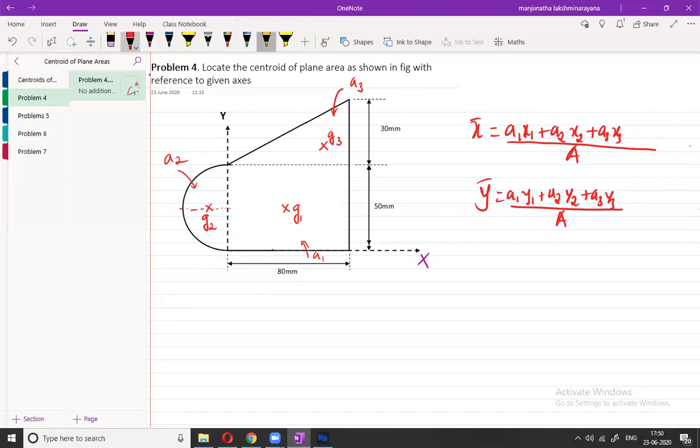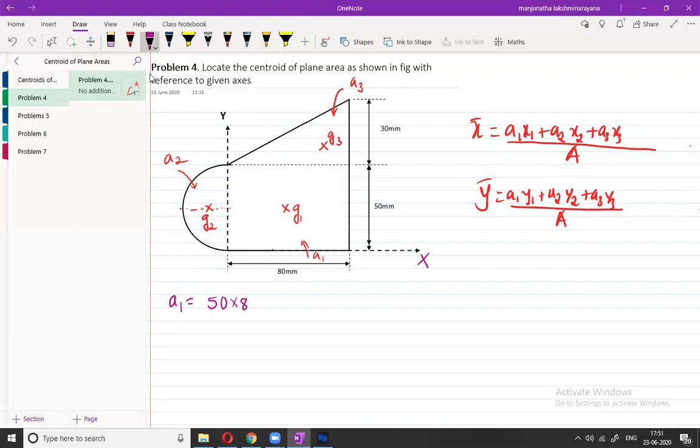Next, we need to locate the distances of these centroids from the reference axis, and also find the areas. Let us first find out the areas of these three elemental areas. A1, the area of this rectangle, is equal to 50 into 80, because the rectangle dimensions are 50 and 80.